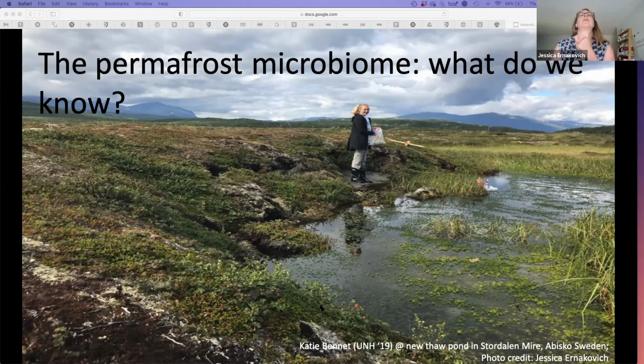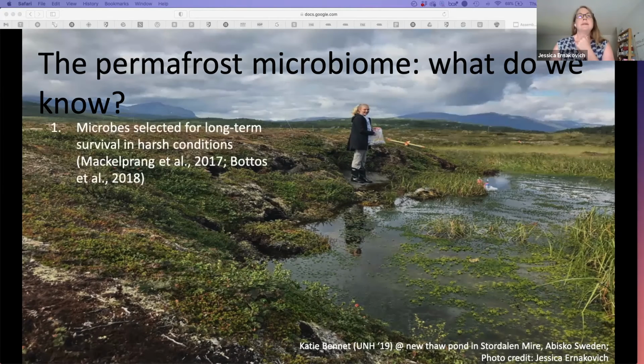Okay, so what do we know about permafrost microbes? Maybe I should mention that I did my PhD thinking entirely about the permafrost frozen system and how it might be feeding back to climate. I started that work before I got the chance to see all these awesome papers that came out of eMERGE.